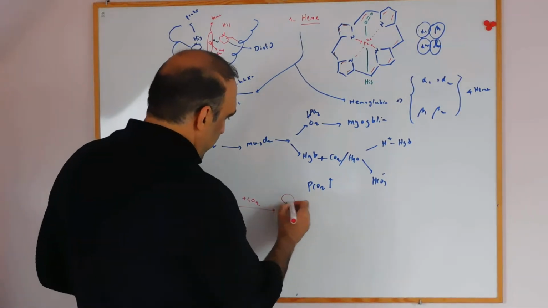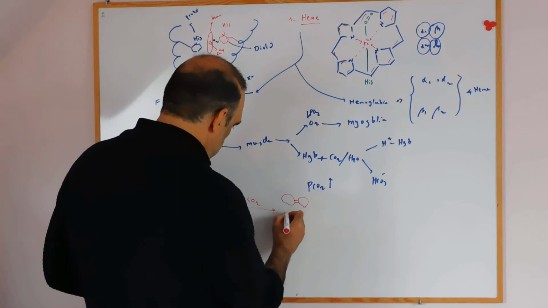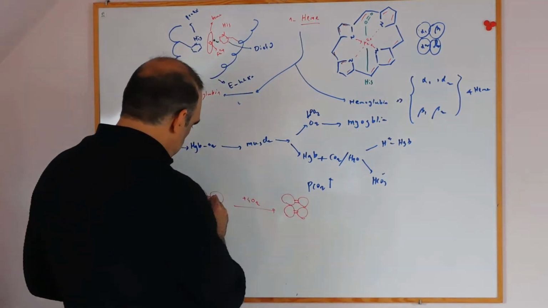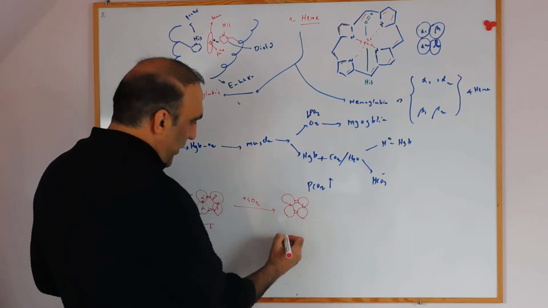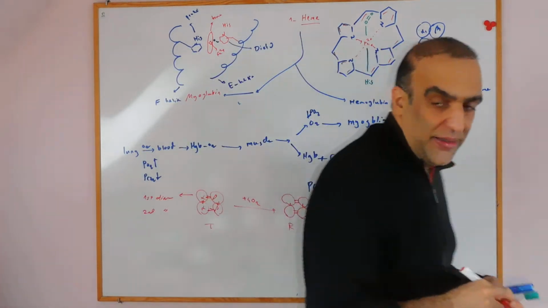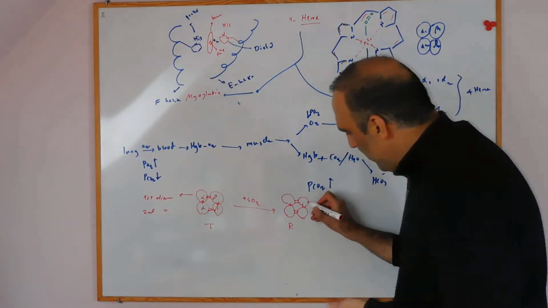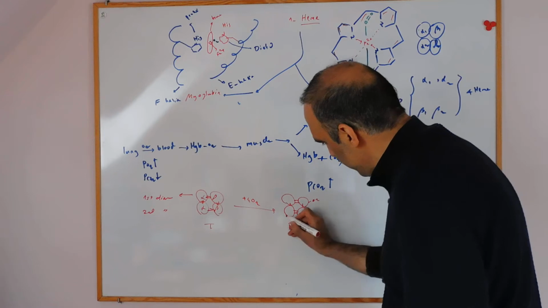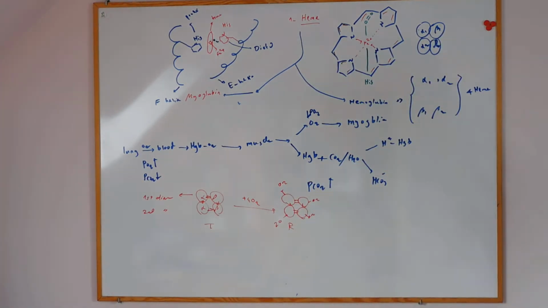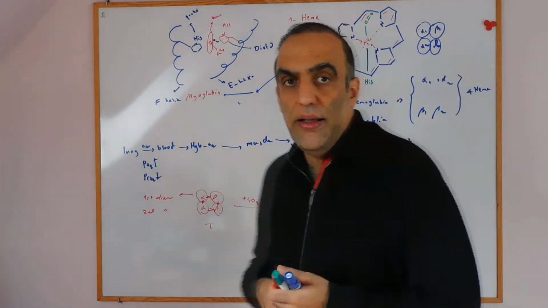If you see, I can draw it like this: a little weaker here, but here I draw 2, here I draw 1. T is tau, and R is relaxed. In the relaxed form, all of them have oxygen, oxyhemoglobin, and they can easily carry the oxygen.